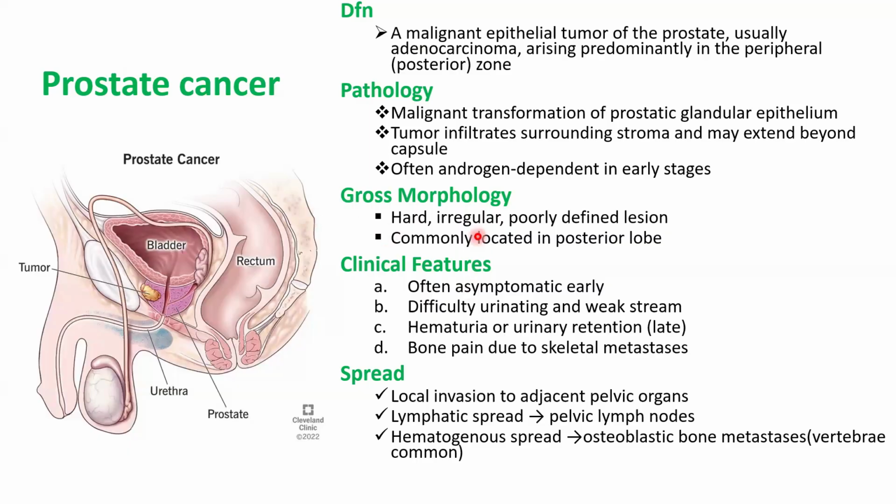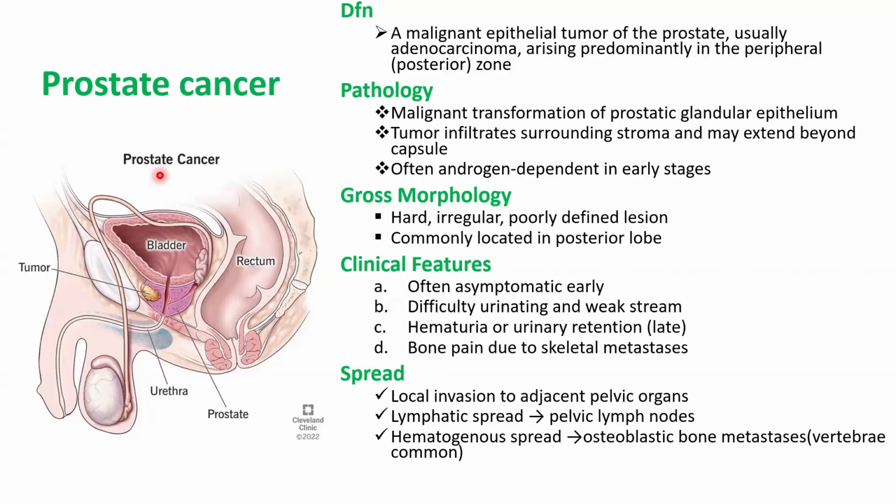Prostate cancer, most of the time, can be asymptomatic in early stages, but with time, you'll have difficulty in urinating and a weak stream, just as in benign prostatic hyperplasia. Then, of course, you'll have bone pain due to skeletal metastasis. Because if it spreads to the bones, especially the vertebral column, you'll have bone pain.